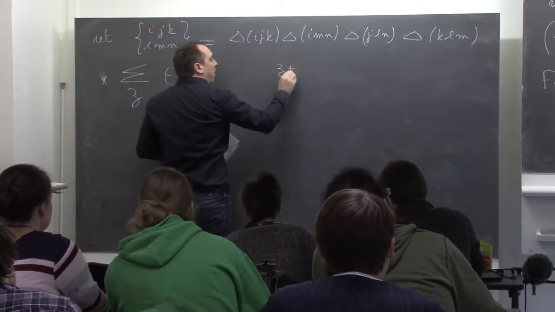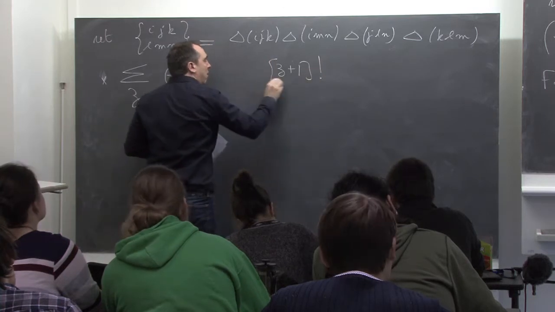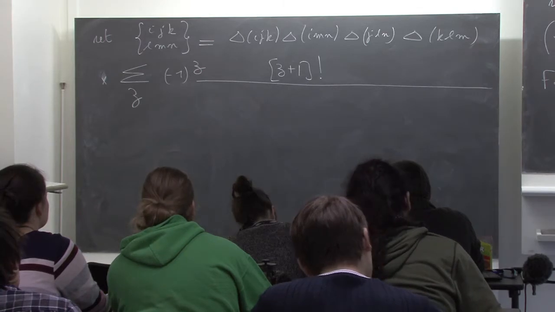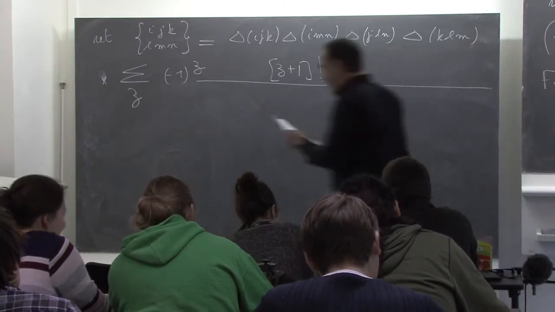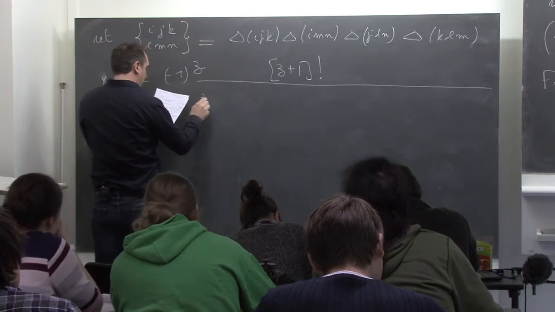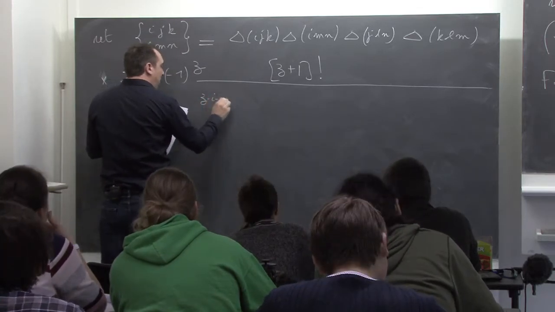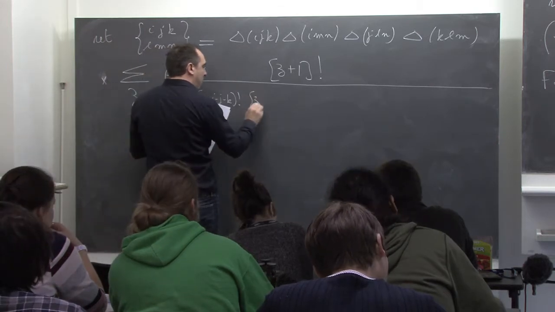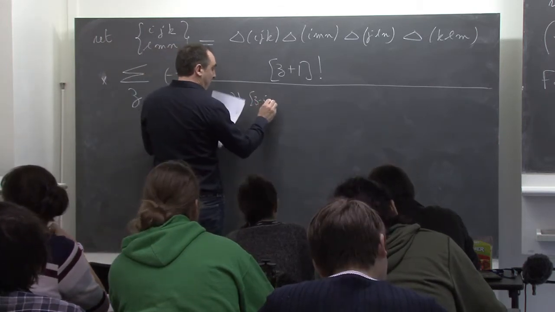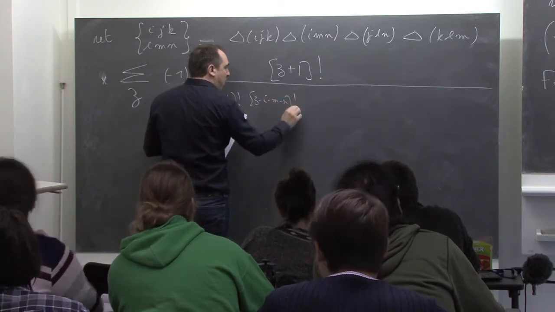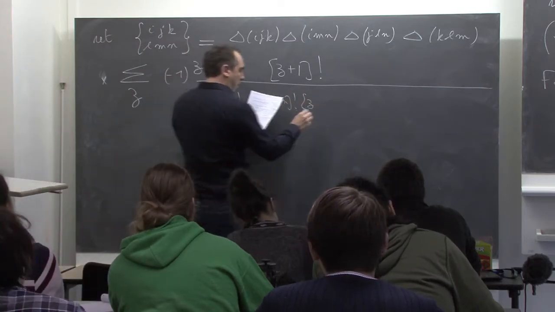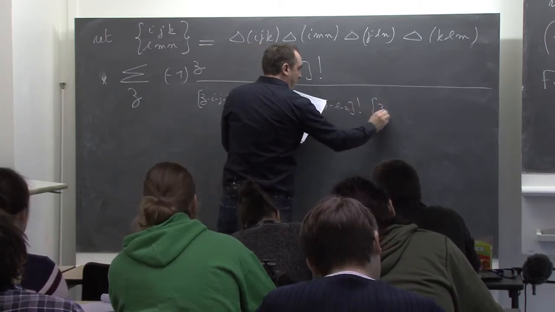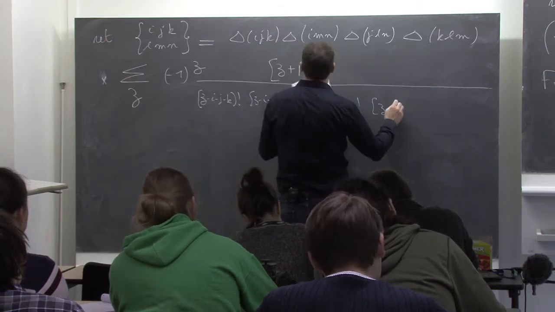So take the factorial of z plus 1, and you divide by a big product, so I write it: z minus i minus j minus k, z minus i minus m minus n, z minus j minus l minus n, z minus k minus l minus m.